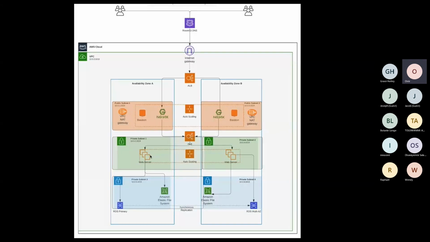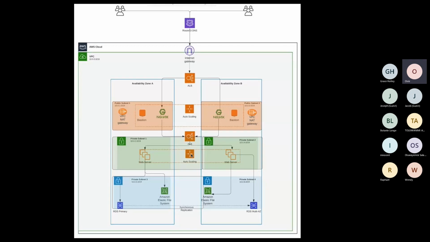We have a web server for the application that our company runs on, and then we have another server for the DevOps team, or the dev team, for them to test and build and do all that.